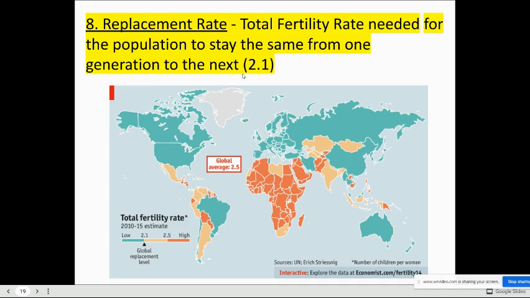It's 2 because a woman has a child, and that child would replace her in the population. It would also replace a male counterpart, so a husband, a boyfriend, whatever. And then 0.1 is because not all children are going to grow up. Some children are going to die before they reach their reproductive years. So it has to be slightly over 2.